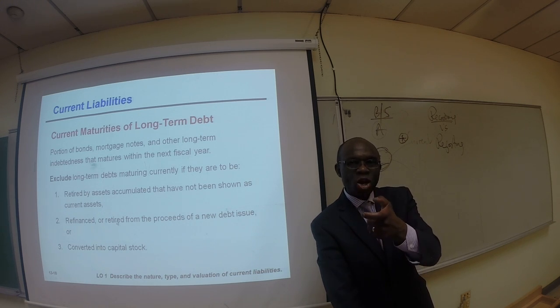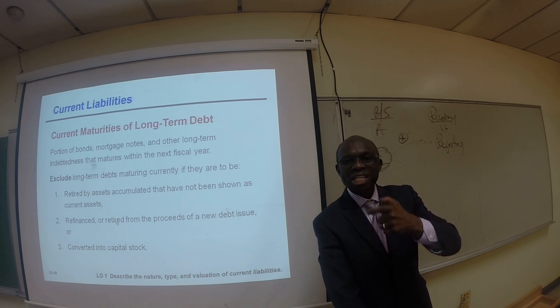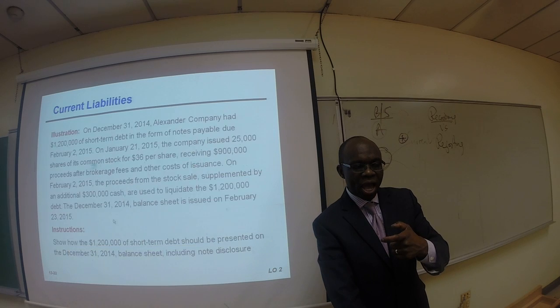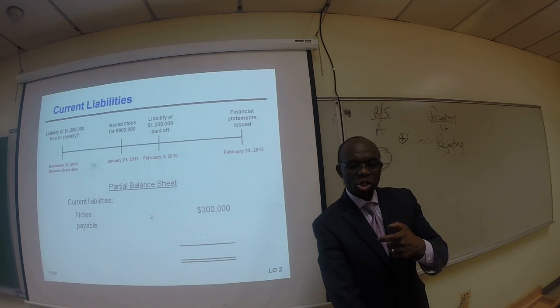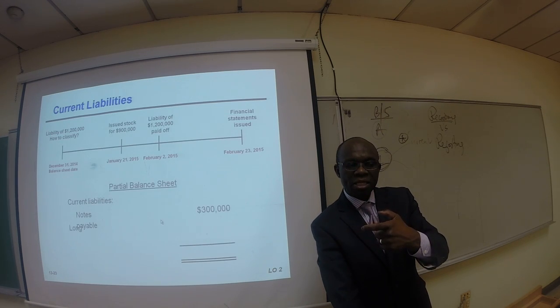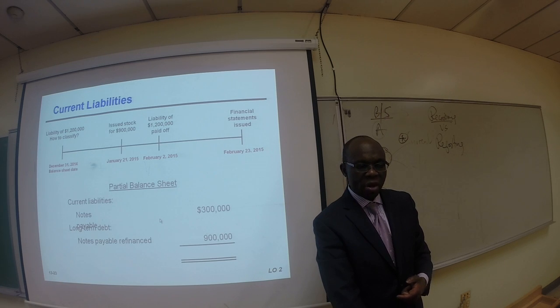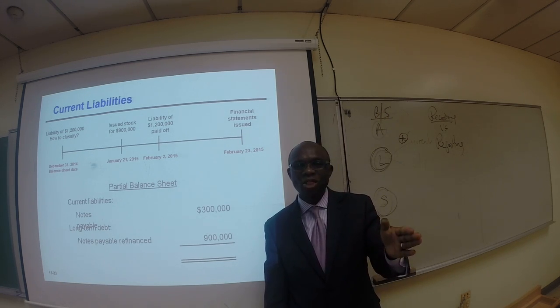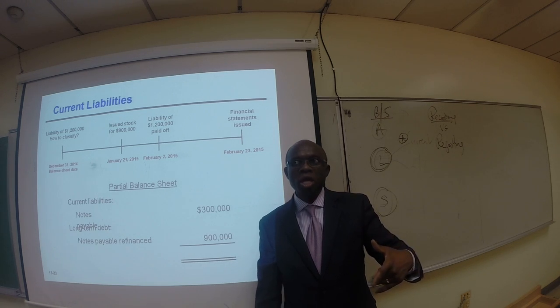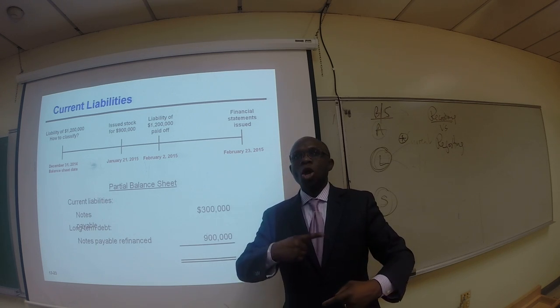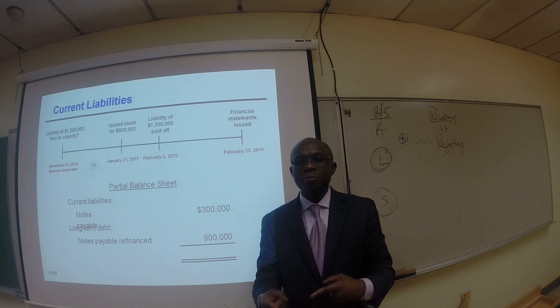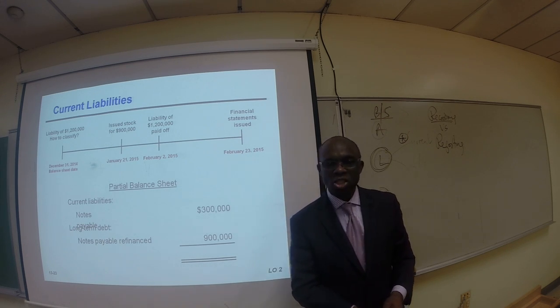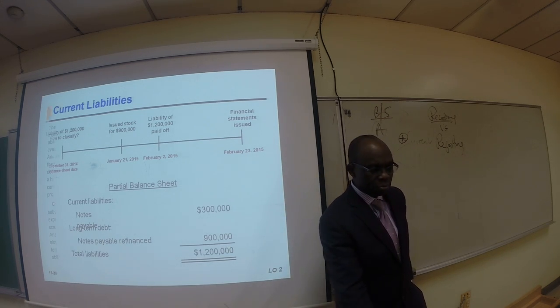So therefore, the $900,000 of the $1.2 million was excluded from current liabilities. Hence, we have $300,000 considered as current liability, and the other $900,000 as long-term. So the $900,000 at the end of the year was not considered as current maturities of long-term debt that need to be classified as current liability.